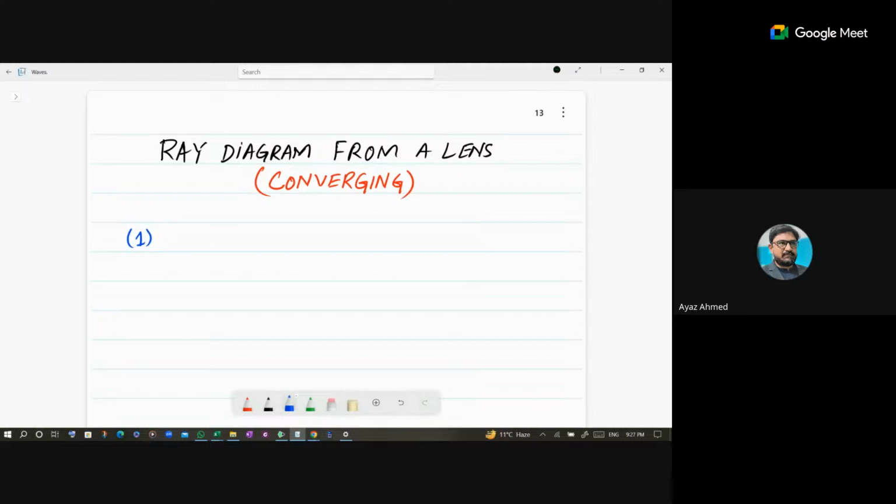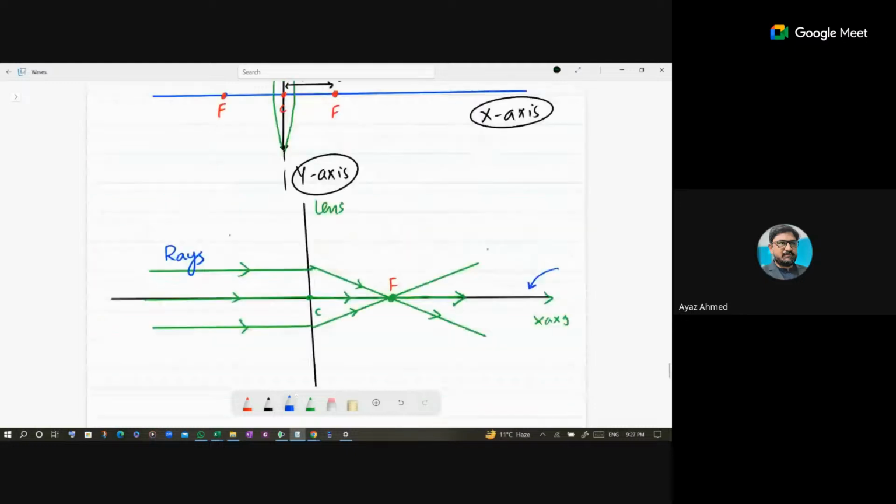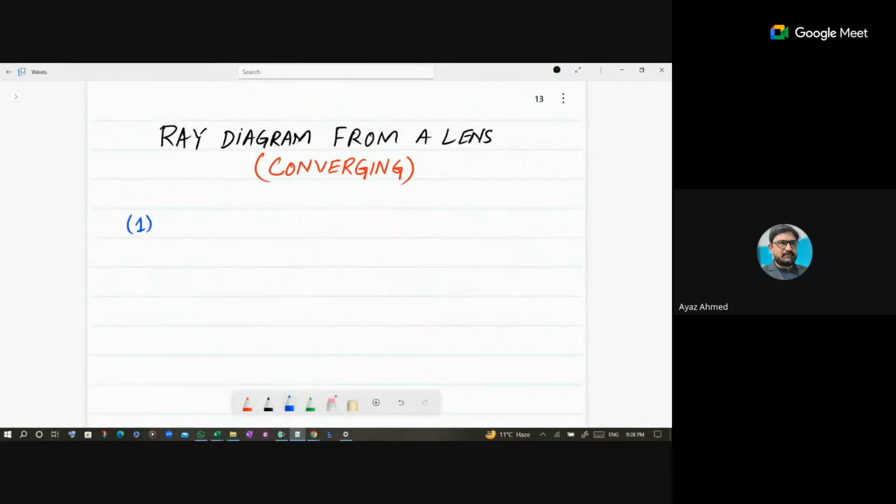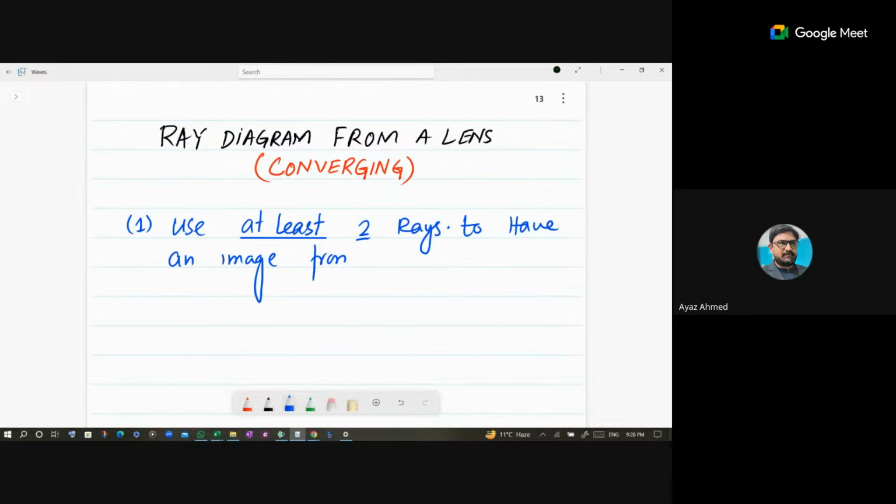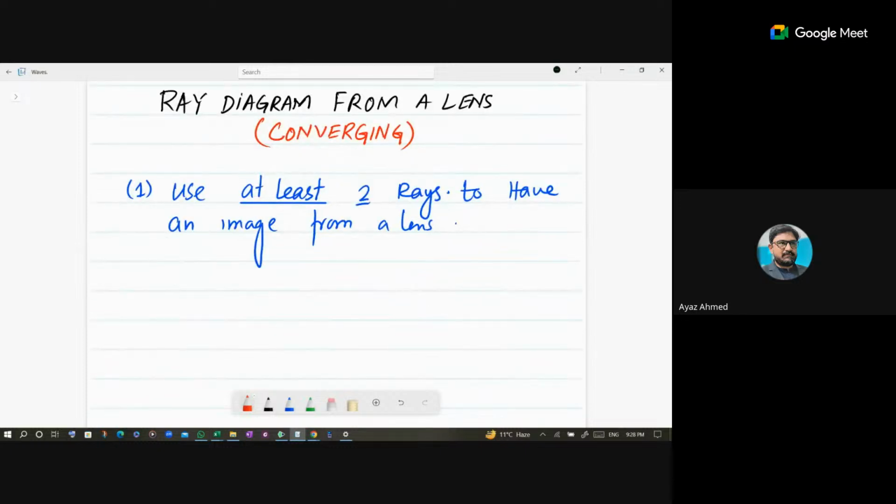Point number one: these lines are what I name rays. Use at least two rays to form an image from a lens. Two are a must, because intersection is required, and after intersection you can get where the image will be formed.